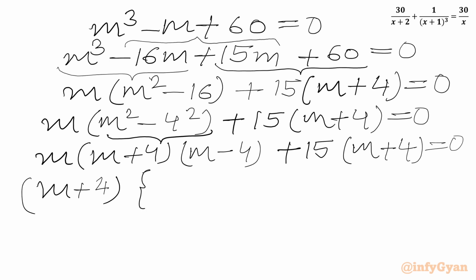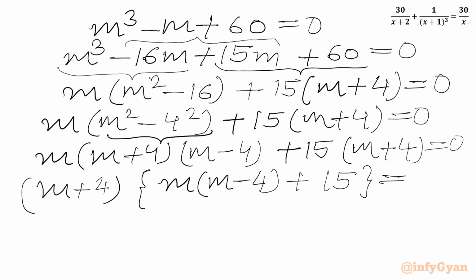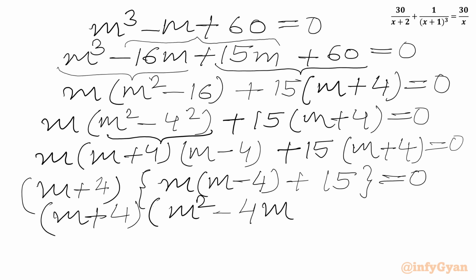So in other bracket we will write m times (m minus 4) plus 15, or (m plus 4) times (m square minus 4m plus 15) equal to 0.